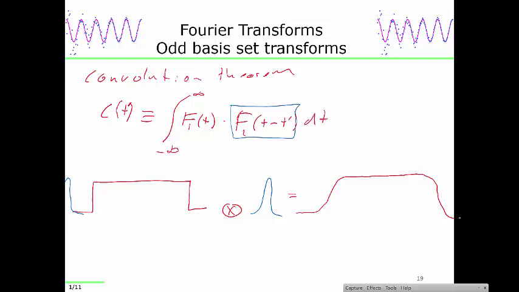Why is this important? Because if I have an electronic signal and I measure it with electronics that have a finite bandwidth, the net result that I measure will be a convolution of the electronics and the raw signal. So convolution shows up all the time.